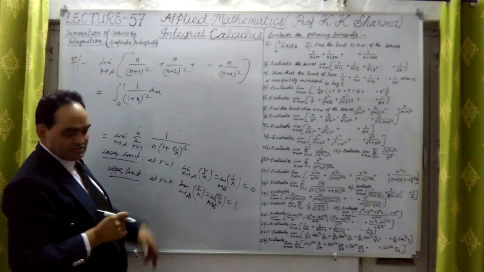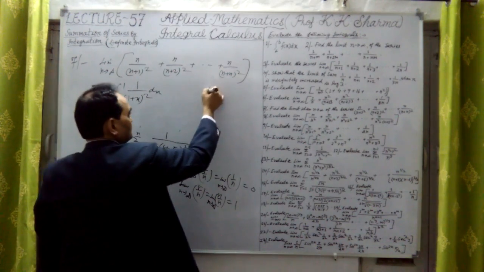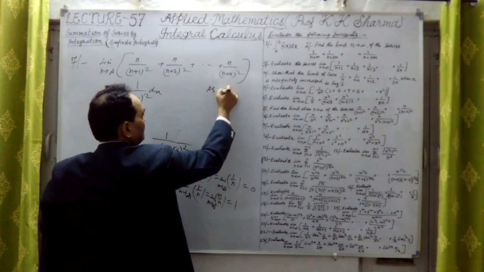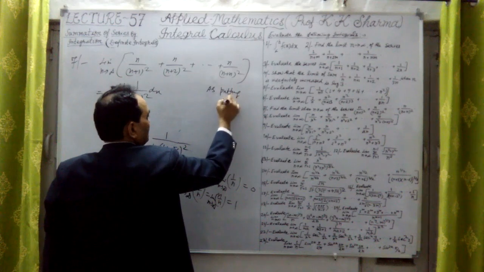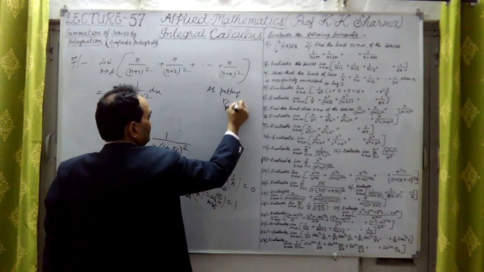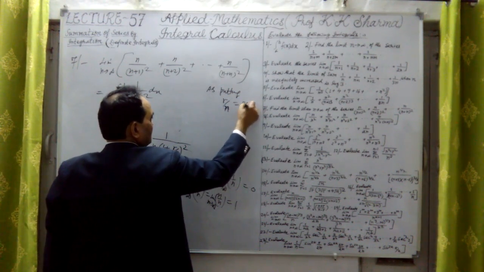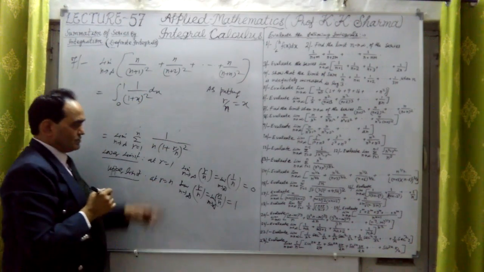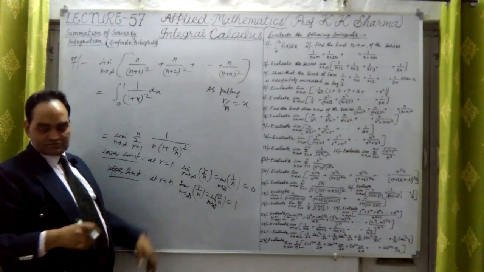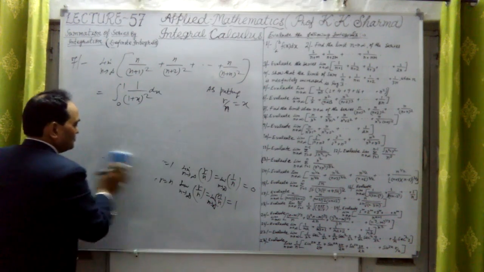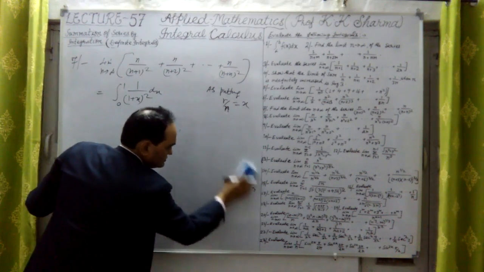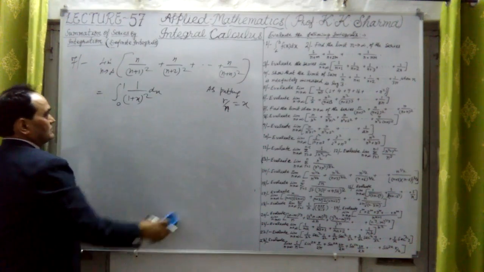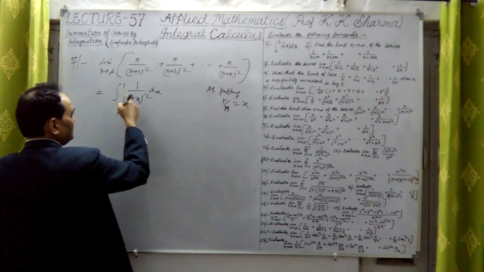Here r upon n is putting r upon n equal to x, and 1 upon n, as I just told you, is replaced by dx. In this way, this is the conversion.